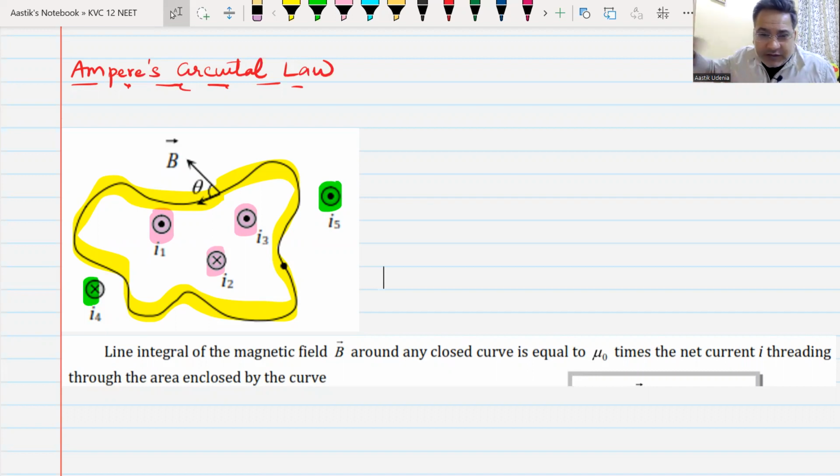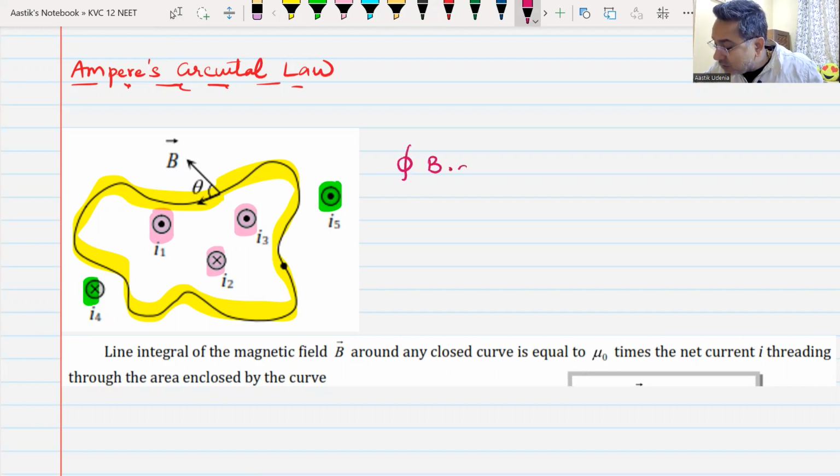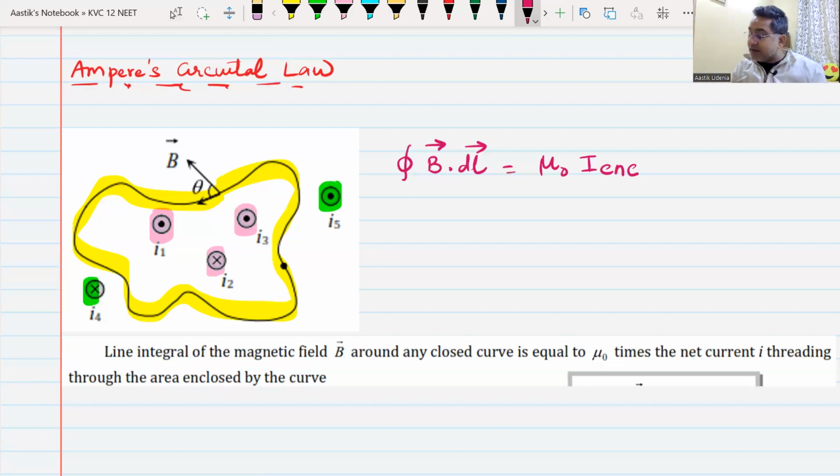Now, this might look very difficult while you are writing it, but if you write it in the correct form, in the form of an integral, it is the line integral of magnetic field B dot dl. The line integral of the magnetic field over any closed loop is mu naught times the current enclosed by the loop. This statement is known as Ampere's circuital law.